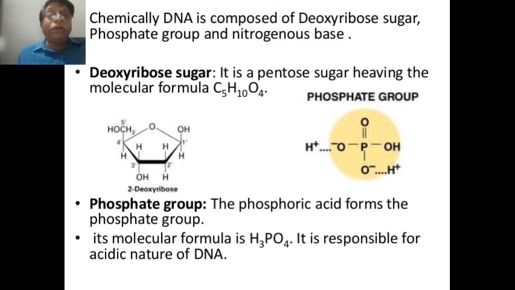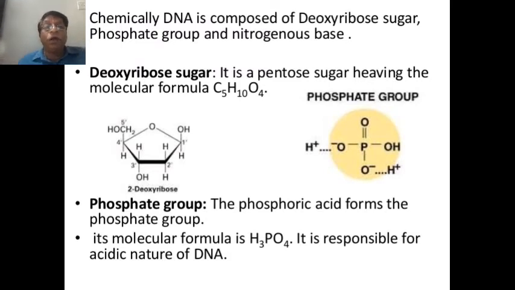Now, we shall study the phosphate group. The phosphoric acid is present in the DNA in the form of phosphate group. It is similar both in DNA and RNA.